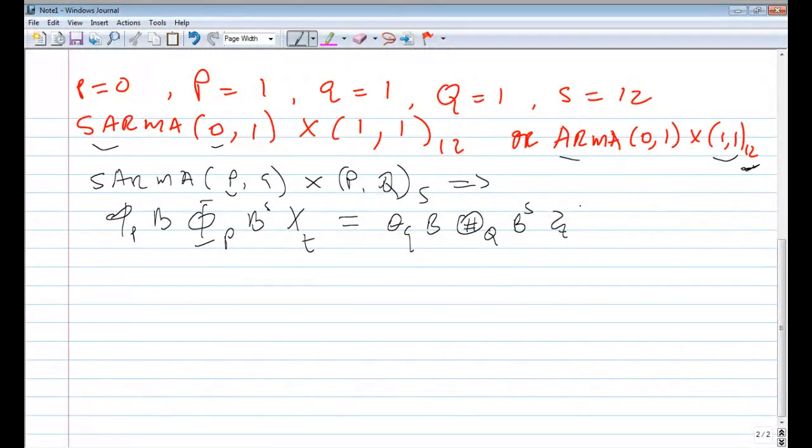This is the general one for the SARMA process. But if they say p equal to 0, capital P equal to 1, small q equal to 1, capital Q equal to 1, and s equal to 12.